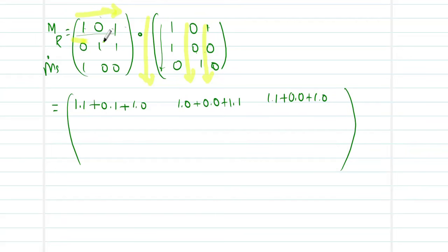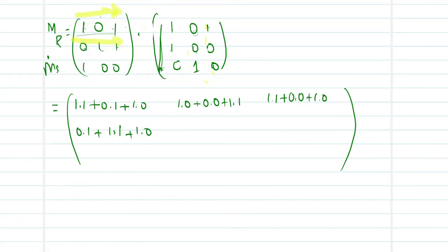Now I have completed the first row, so I move to the second row. Now I repeat the same action with my first column, second column, and then my third column with my second row. So now the entry will be your second row versus the first column: 0 into 1 plus 1 into 1 plus 1 into 0.